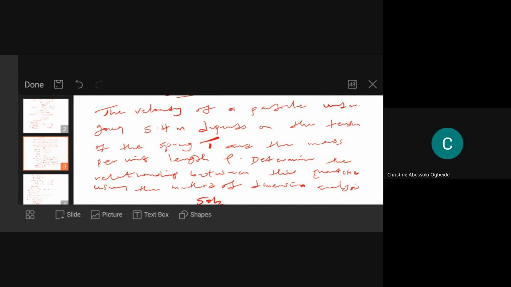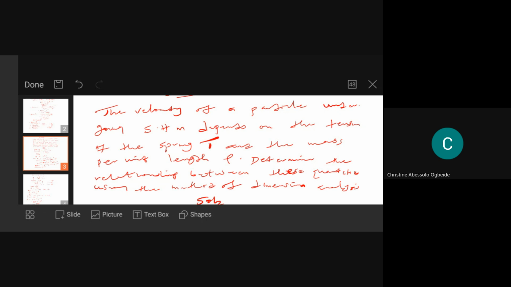The mass per unit length of that string, of course, is what the question is saying. That we should determine the relationship between these quantities using the method of dimensional analysis.